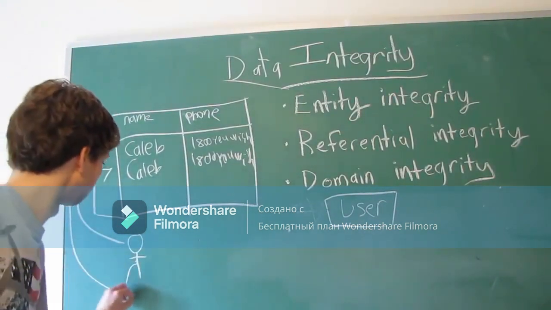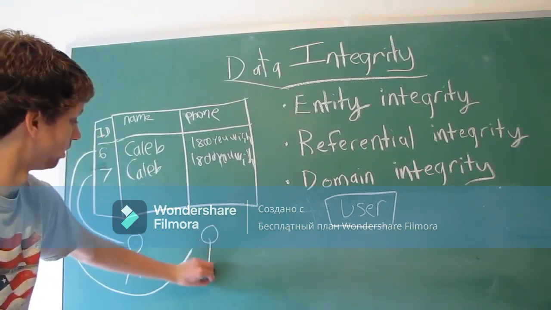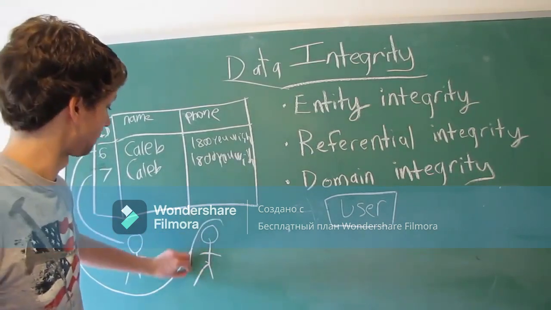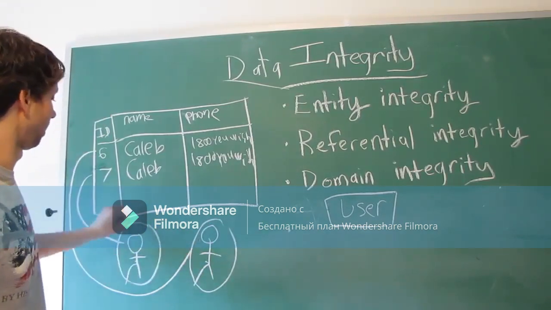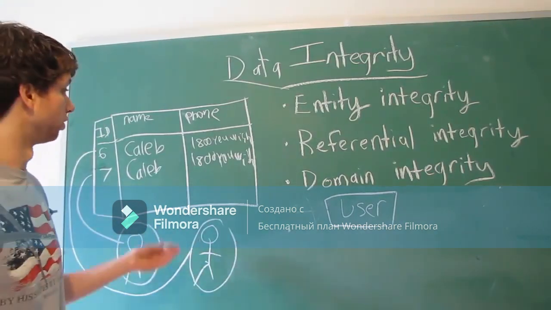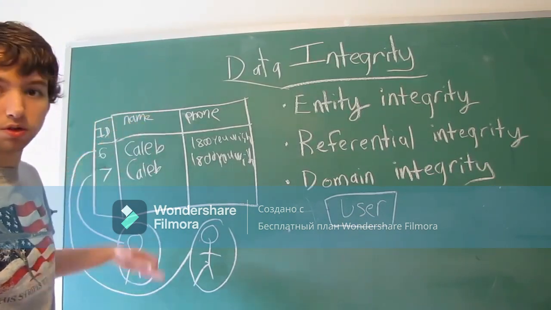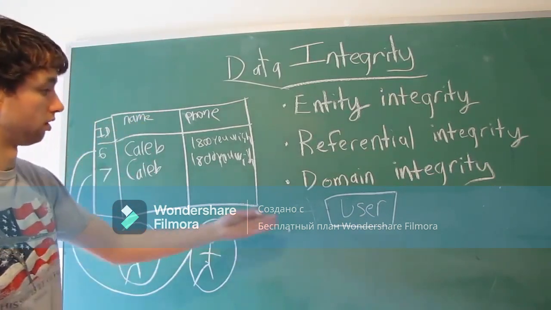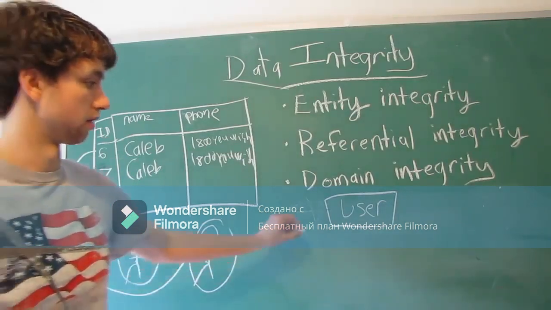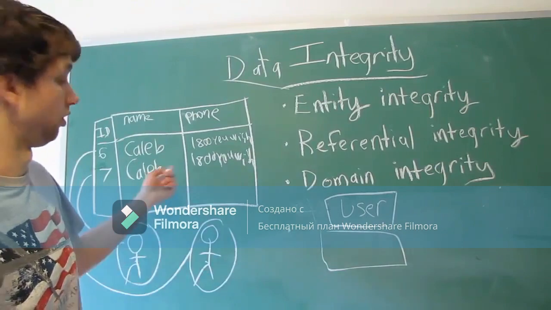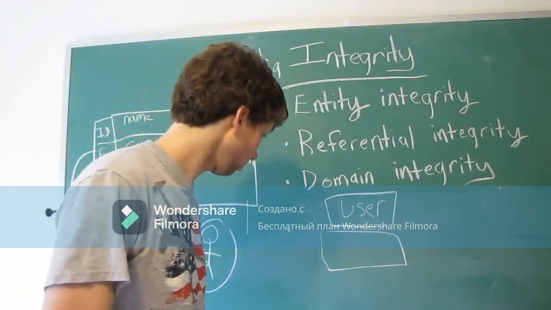This one is talking about this guy because his ID is 6. They're two separate entities. That's entity integrity, having uniqueness among your entities. We have uniqueness with the rows, and we also have only one user table. We're not going to have another user table, because that information should go in the original user table.